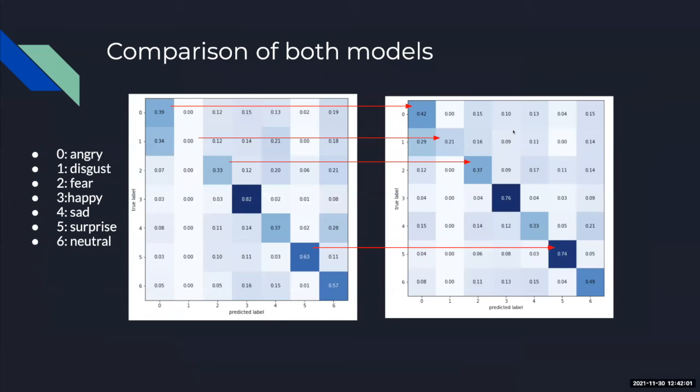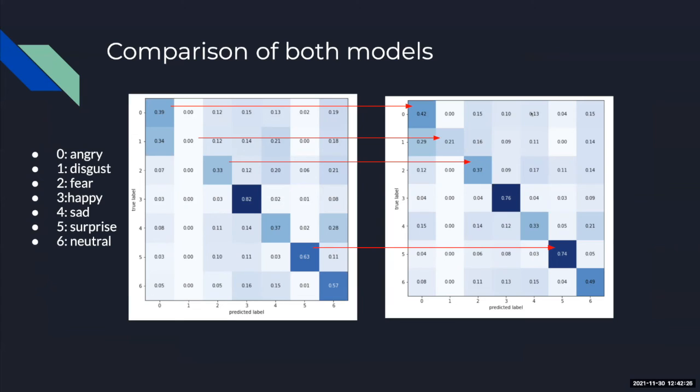And we also compared both of the models. By the comparison, we could easily see that for emotions like angry, disgust, fear, and surprise, which are labeled as 0, 1, 2, and 5, the final model performs relatively better than the baseline model, especially in disgust.